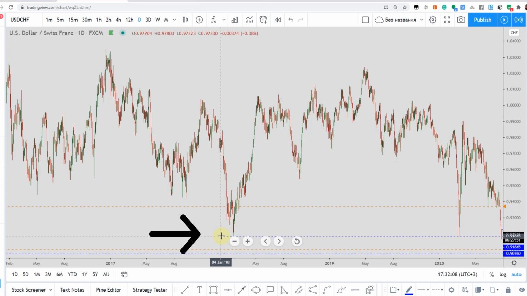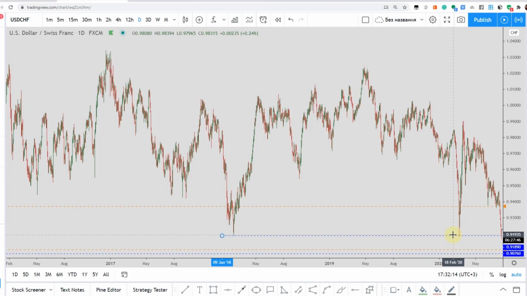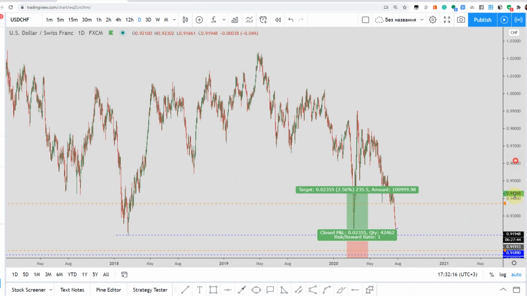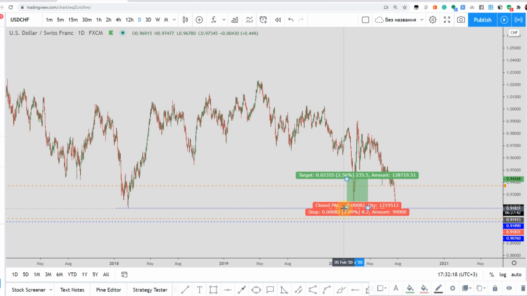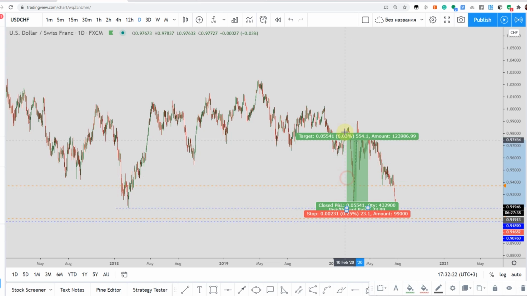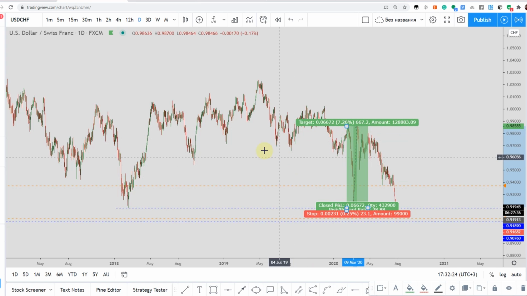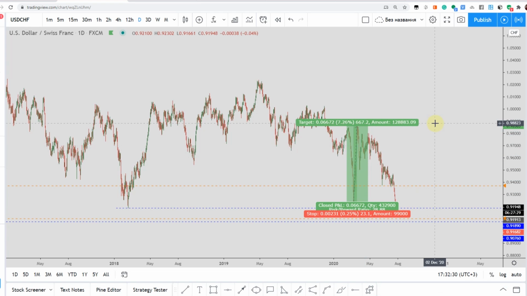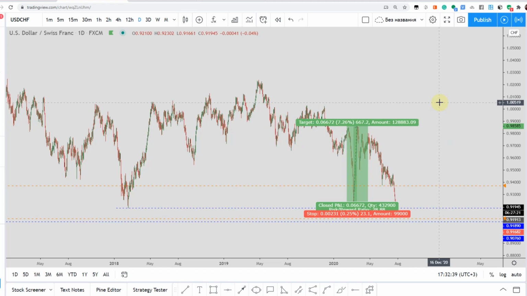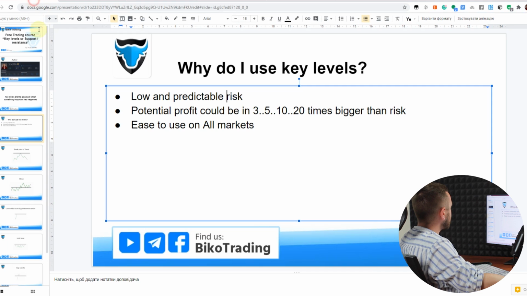Just imagine if you open a position here with proper risk, even with 25 pip risk, which is really big for USD Swiss franc, it is 1 to 28. You put 100 USD at risk and you can take 2,800. That's what I call trading, when you have very small risk and potential profit many times bigger. That's real trading.